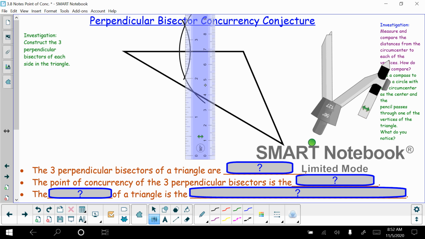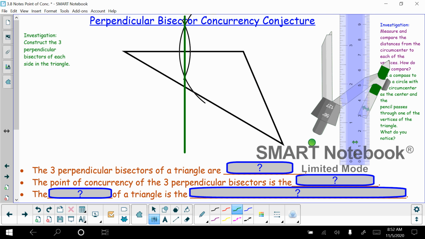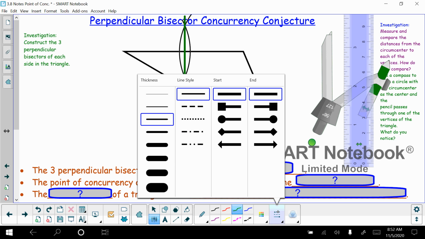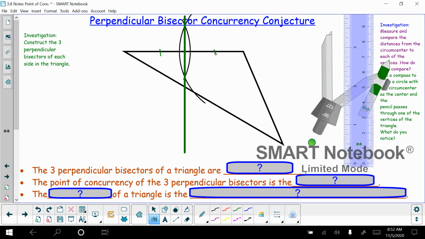Make sure it's lined up the way it's supposed to be. So that's a perpendicular bisector of this side up here, meaning this side's congruent to this side, and this is a right angle right there.